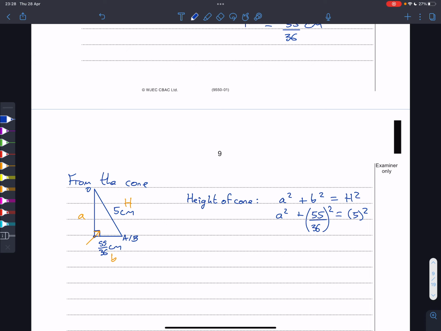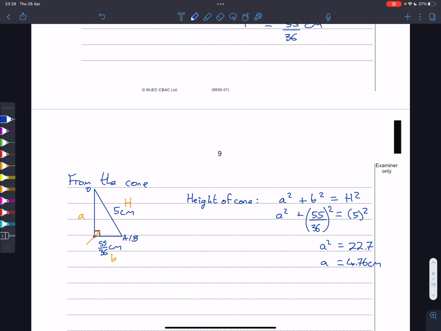If I work out 55 over 36 squared and take that away from 5 squared, that leaves me with 22.7. If I square root the answer, it gives me 4.76 centimetres, because it's the height.